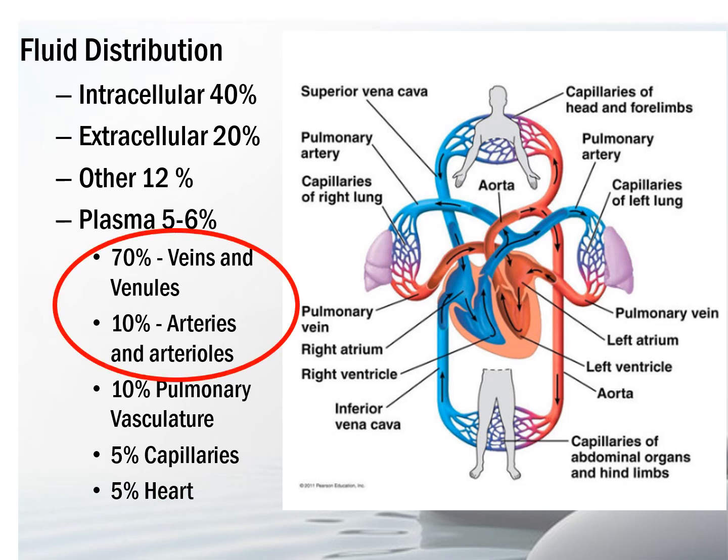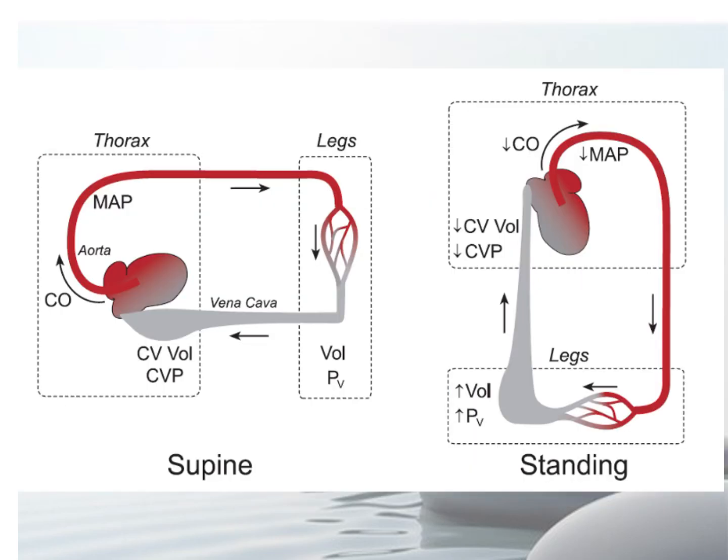So I want you to think about these things right here. Focus on that. And then I'm going to ask you a question in a minute about blood pressure and how it's related to that. These images are intended to paint a picture for you about what I just said. Don't worry about all the initials. What I want you to see is the gray and the red.